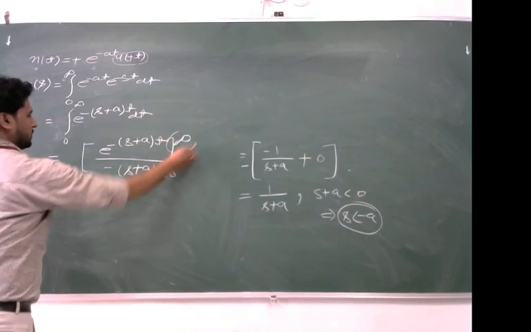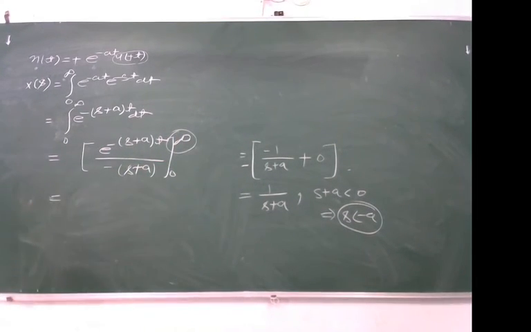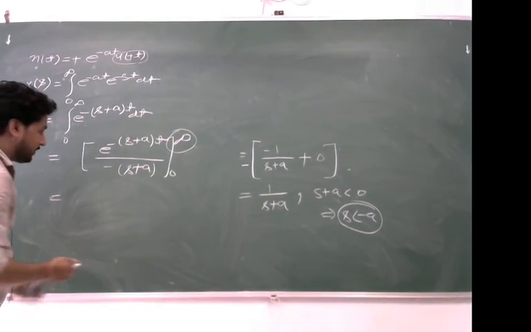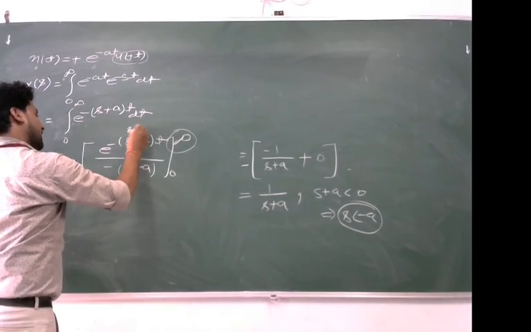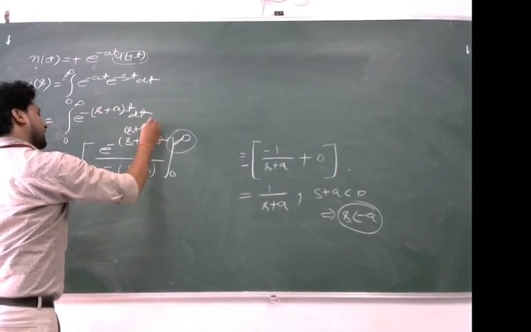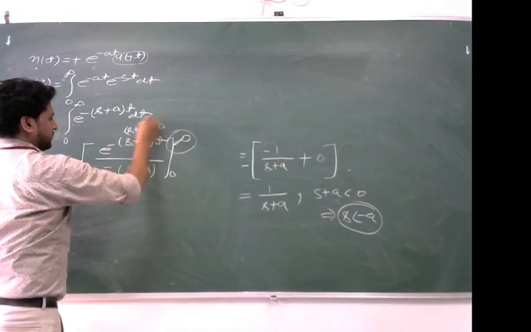When I put t equal to infinity, this will become e power minus infinity, but only when s plus a is greater than 0.